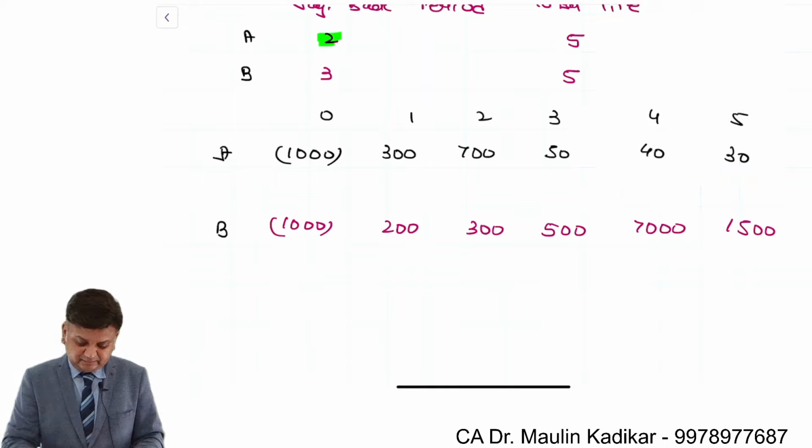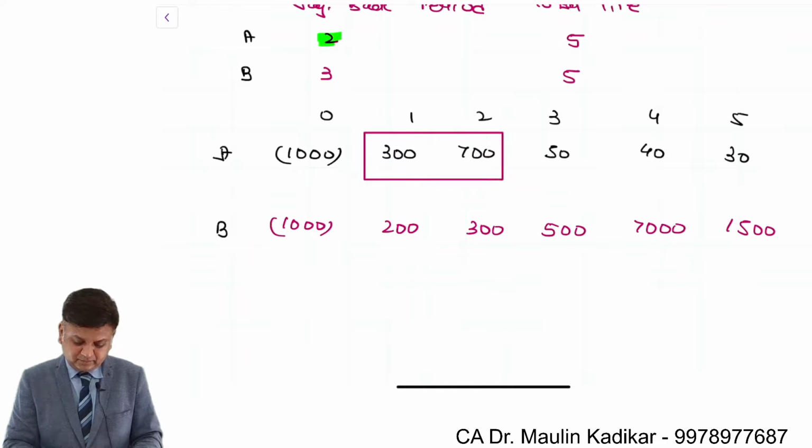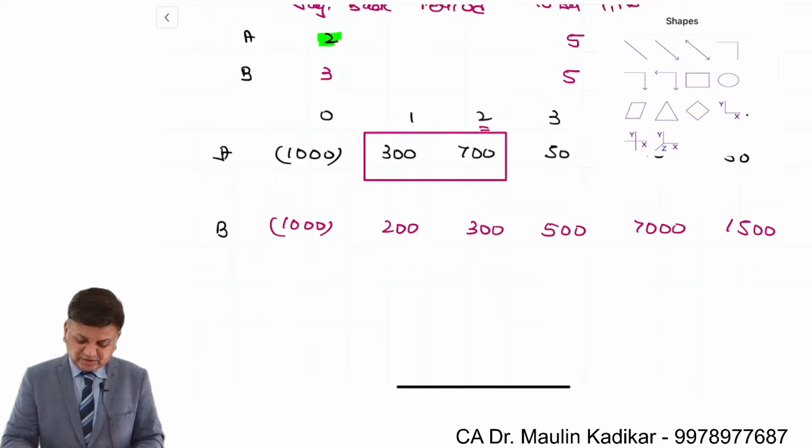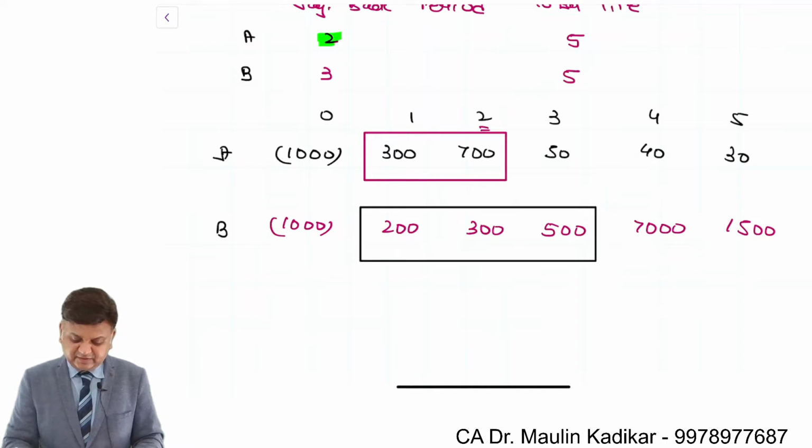So project A is able to generate the cash flow sufficient to recover the investment in 2 years. Project B is having the cash flows which is sufficient to recover the investment in 3 years.